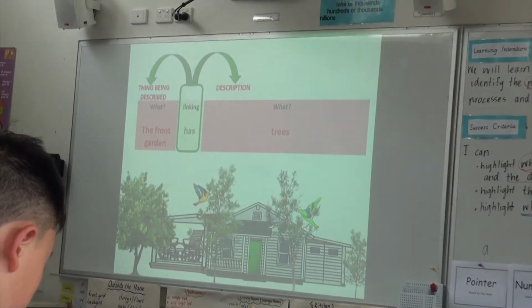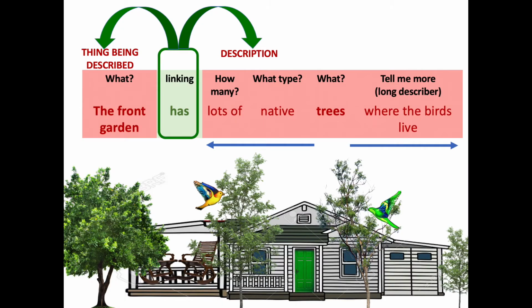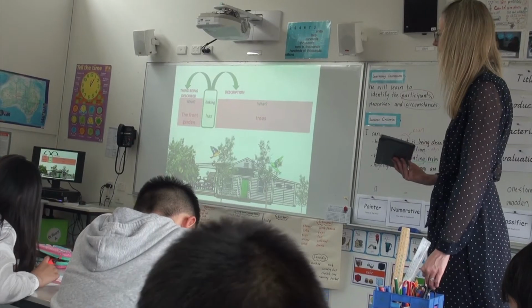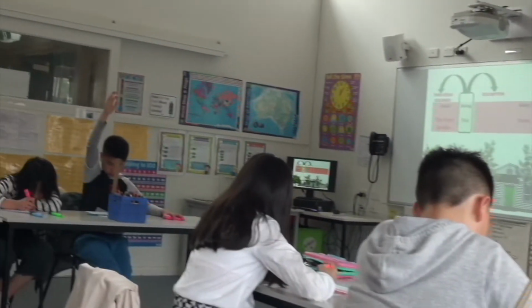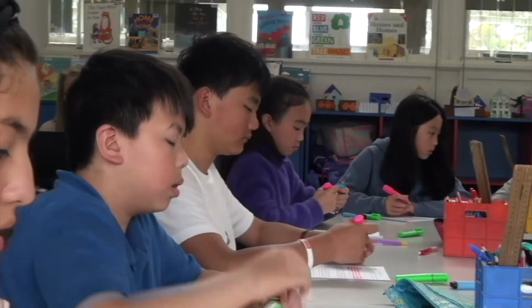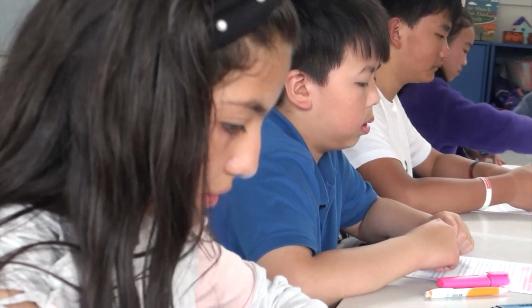And what is being described? The front garden. And what is the description? What does the front garden have? Gabby? Lots of native trees.